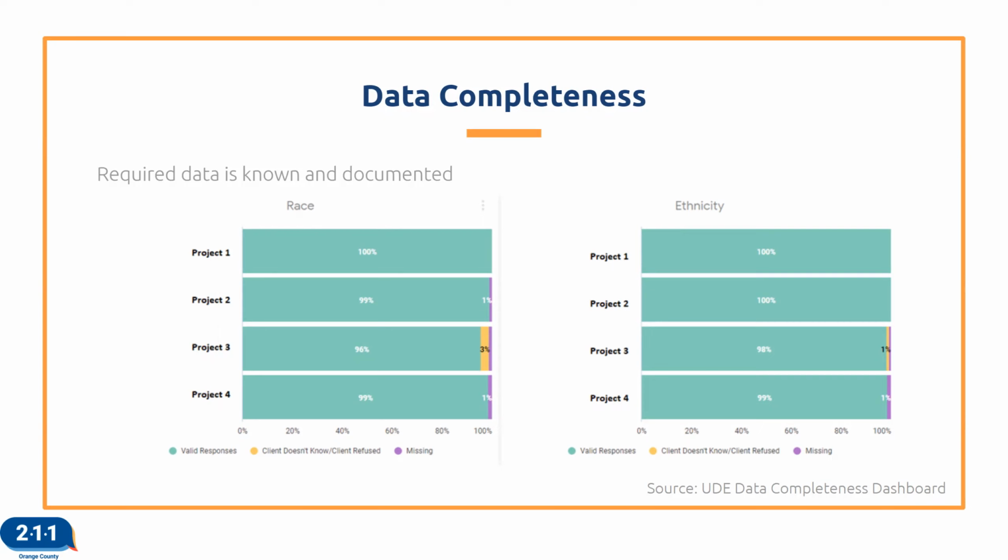It's looking at the percentage of valid responses for each data element versus don't know, refused, missing. Valid responses are any responses that are approved by HUD that are not blank, missing, don't know, refused, or data not collected. And so that's the first component of data quality.